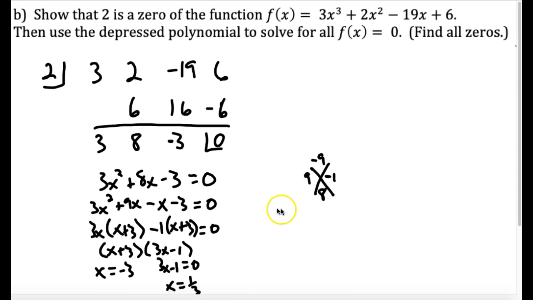So my three answers then would be x equals 2, our first 0 that we found, x equals -3, and x equals 1/3. All right, so this is where division becomes most useful, solving something like this.